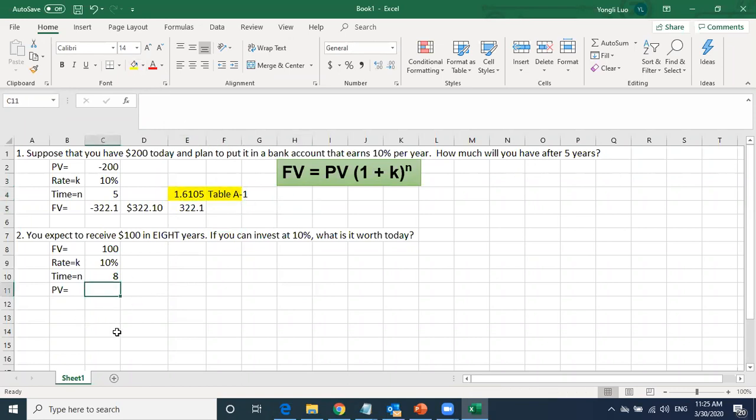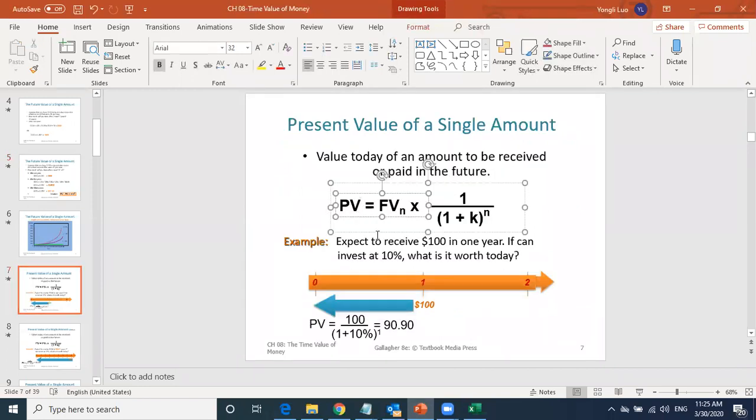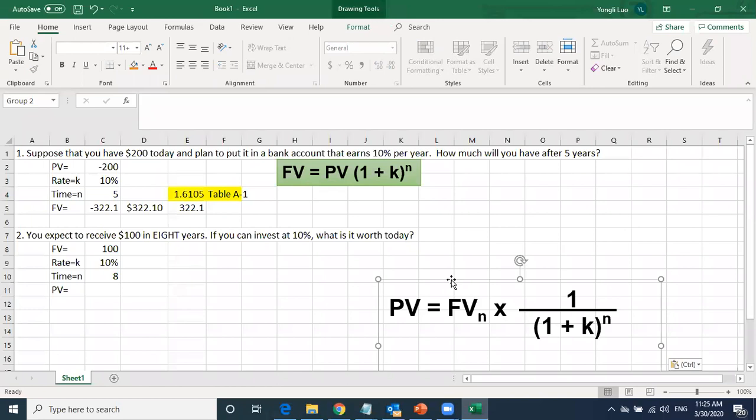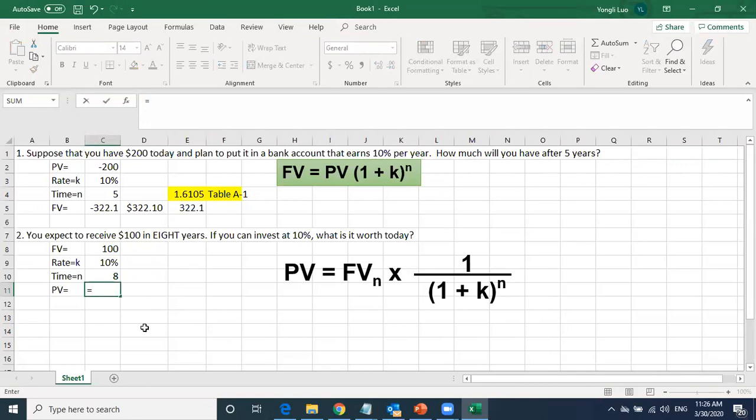Now we do the present value. The present value you can do using that formula. Remember this formula? The present value is equal to your future value times 1 over 1 plus the rate, raised to the power of n, which is time.